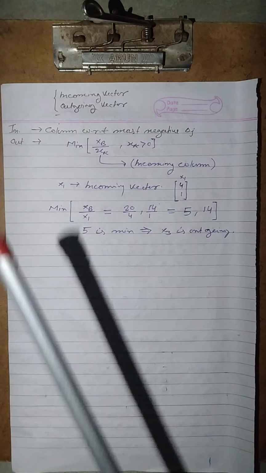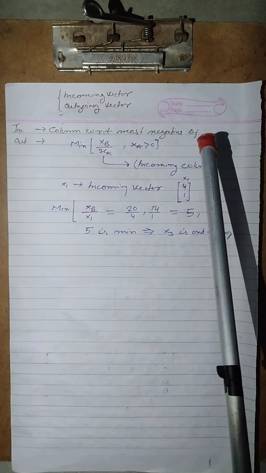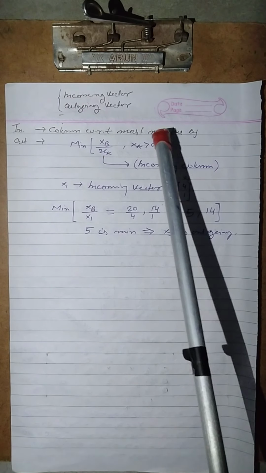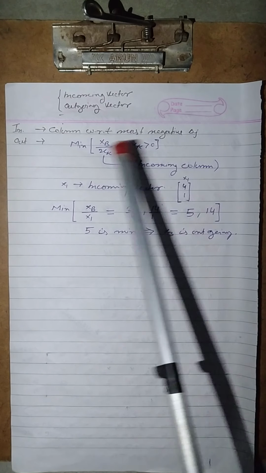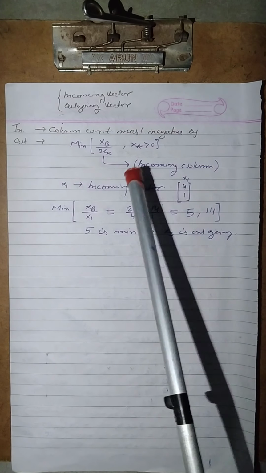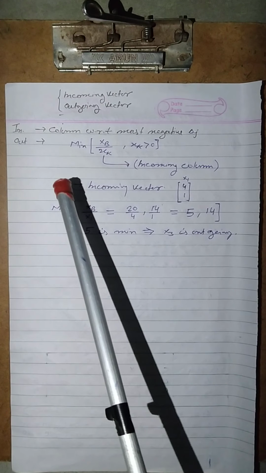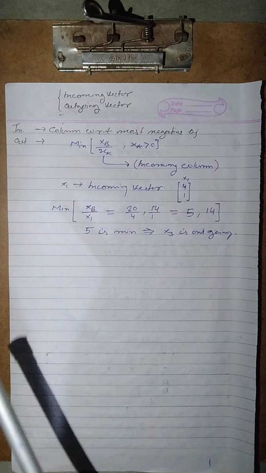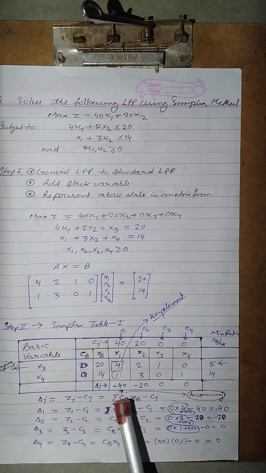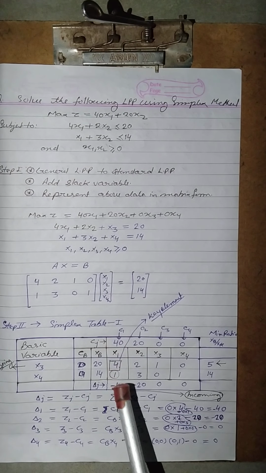The incoming vector is the column with respect to the most negative delta j, and the outgoing vector is the minimum of xb upon xk, where xk are all the elements greater than 0 in the incoming vector. In this question the most negative is minus 40, so x1 is the incoming vector.